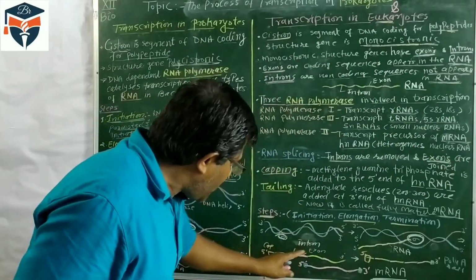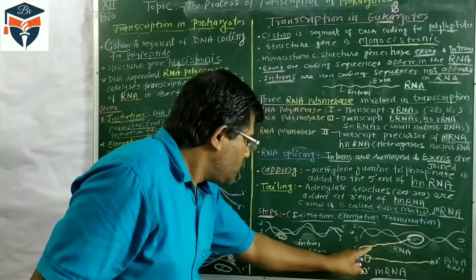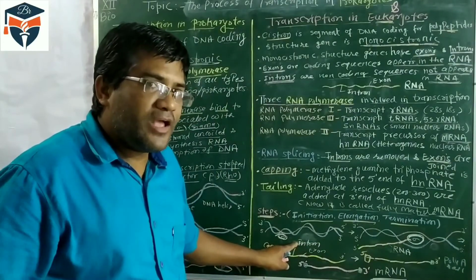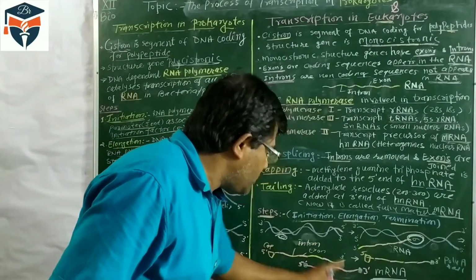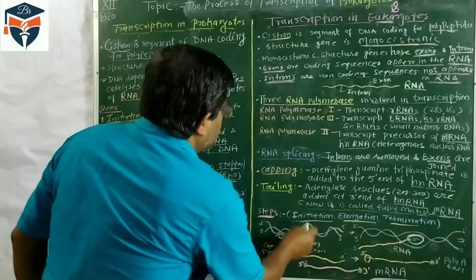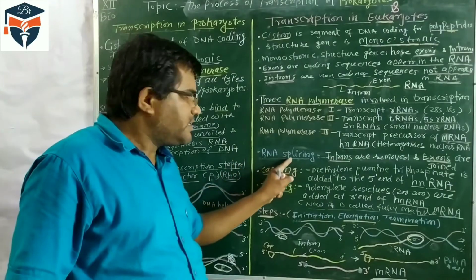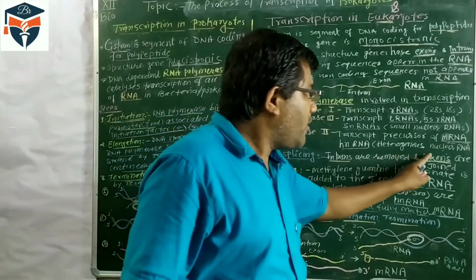So out of this RNA molecule, the intron sequences are removed and exon sequences are joined together. This process is called RNA splicing: removal of intron and joining of exon.